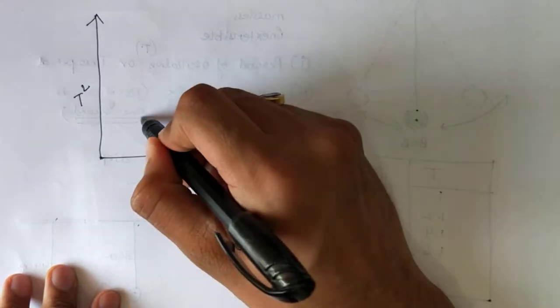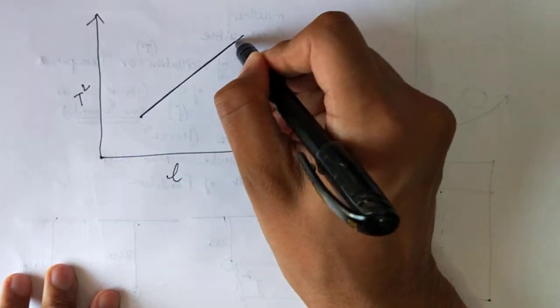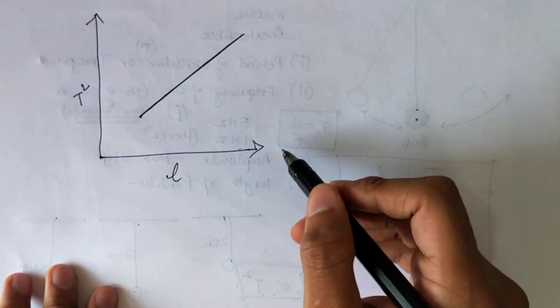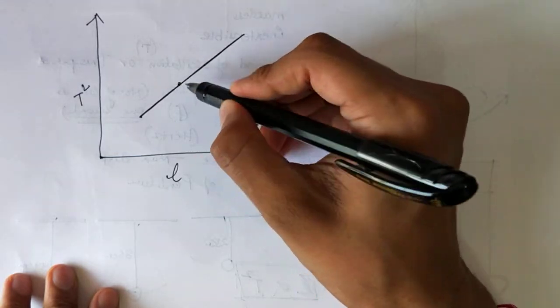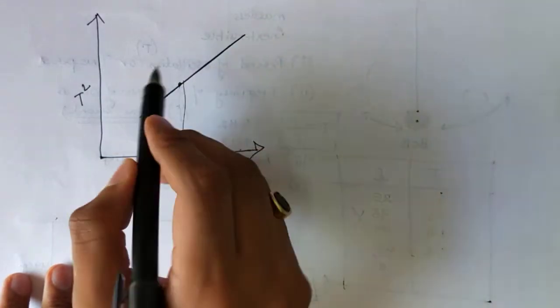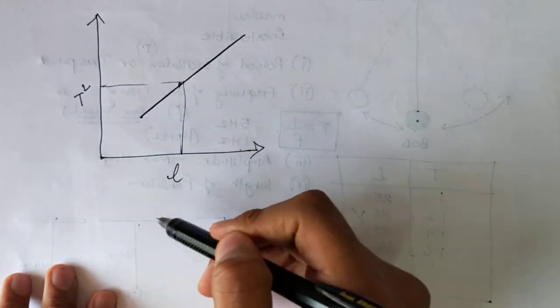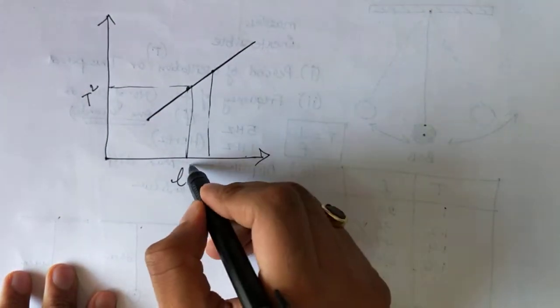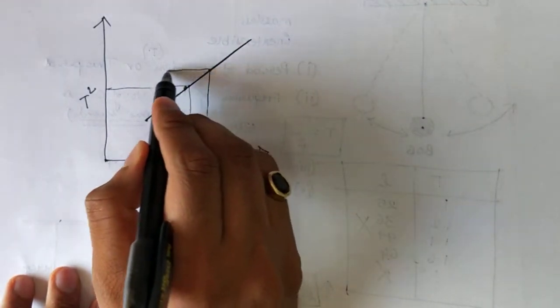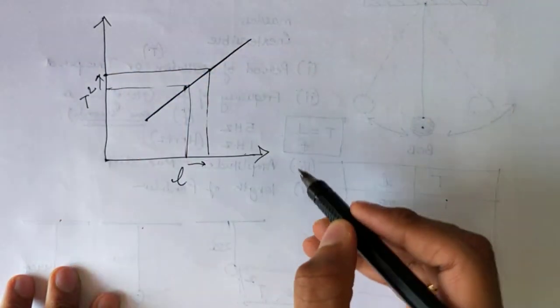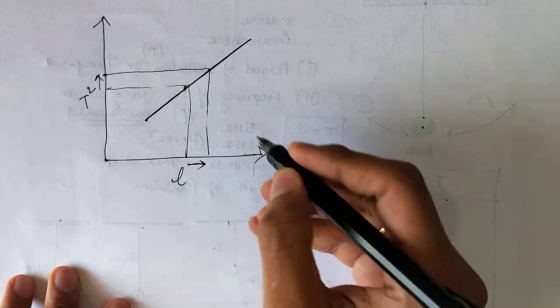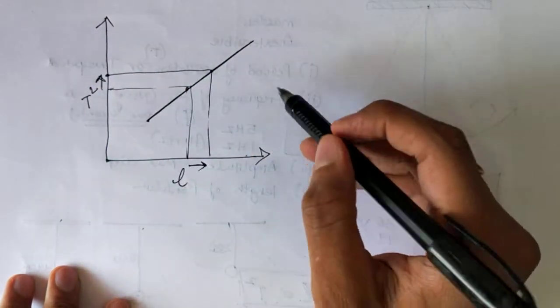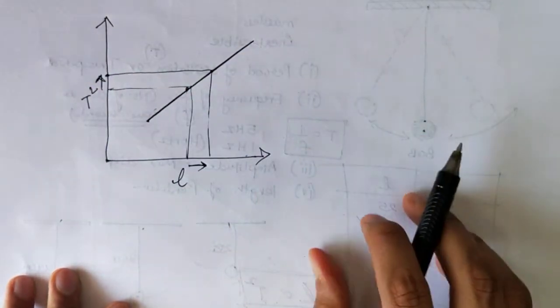So you will get the graph like this. This is called a linear graph, which means at any point on the graph, if this is the length, then this is the time period. If you come here, the length is increased, so the time period is also increased. If the length increases, the time period also increases. This is called a linear graph.